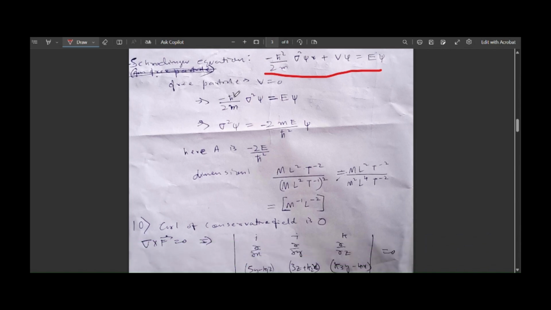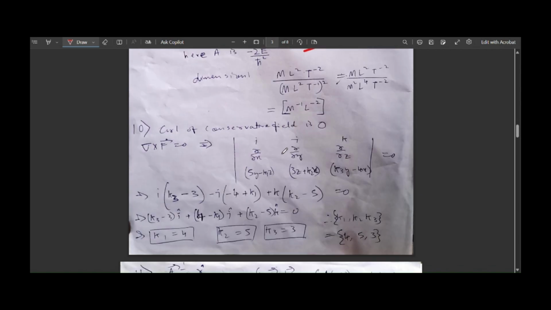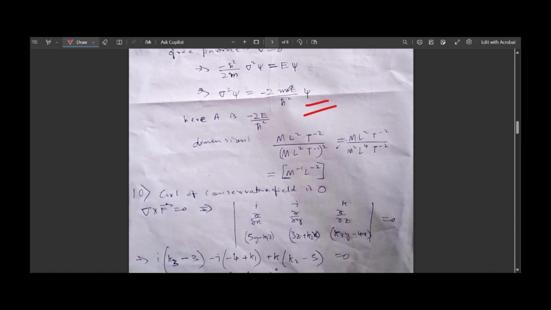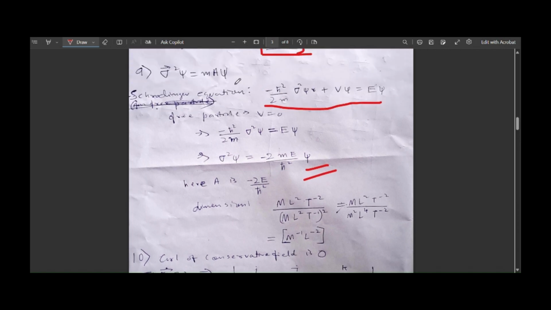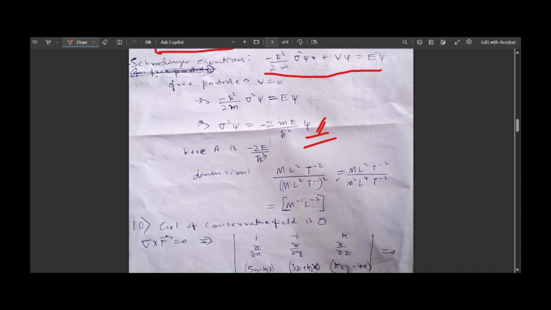Now bring that to the other side. Del square psi is equal to minus 2me by h square psi, where m is the mass, and by comparing with the expression given here, you can find a as 2e by h square.